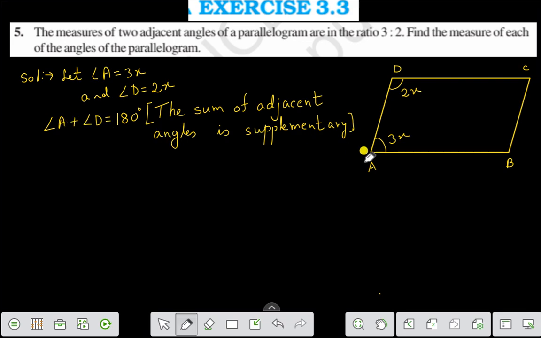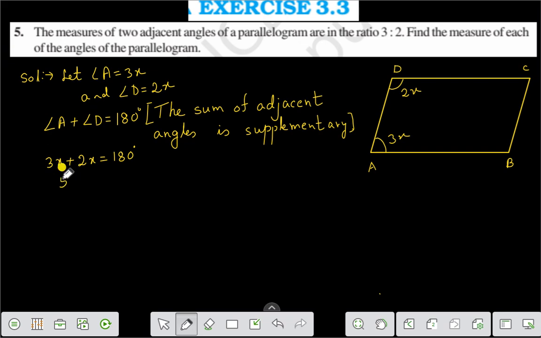Now if you take angle A as 3x and angle D as 2x, therefore 3x plus 2x is equal to 180 degrees.